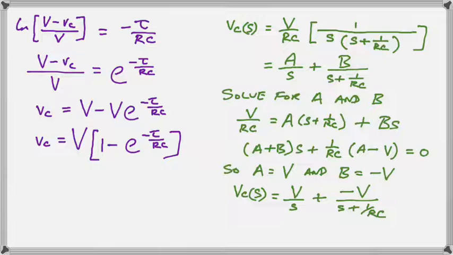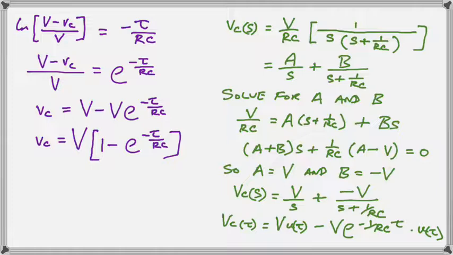The reason why we can look up some terms individually in the Laplace transformation table is because the Laplace transform is a linear transform and behaves according to the law of superposition. So when we do that, we end up with the following expression.